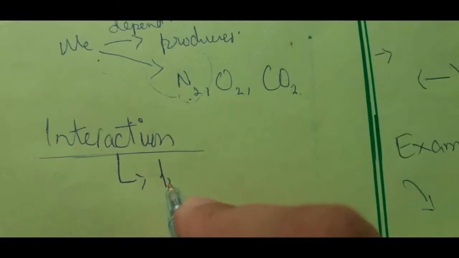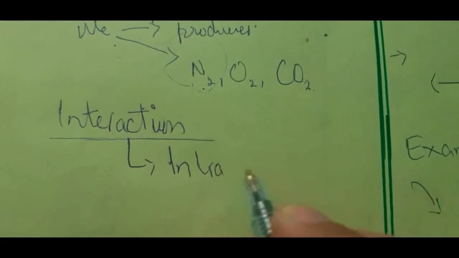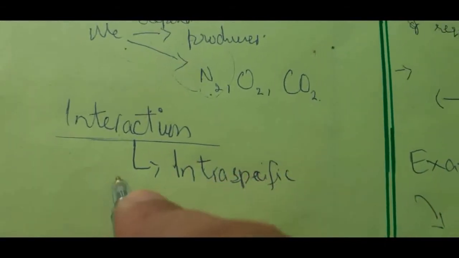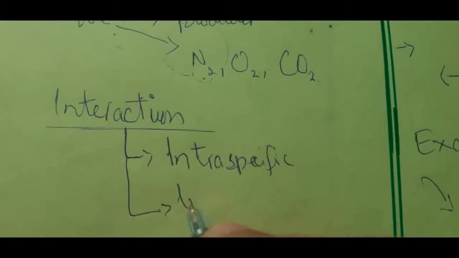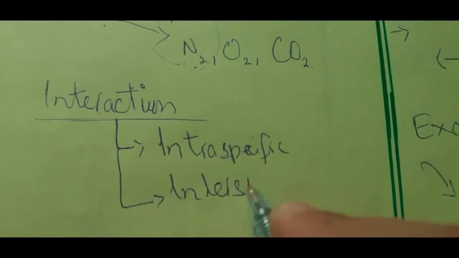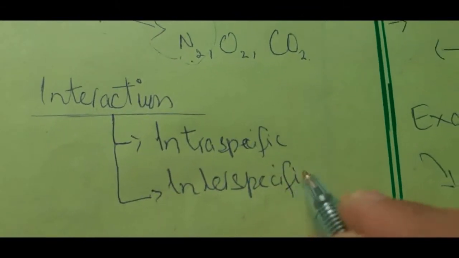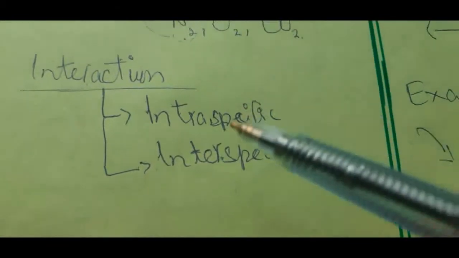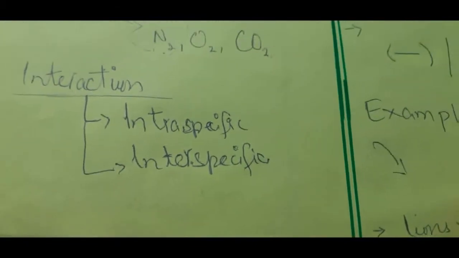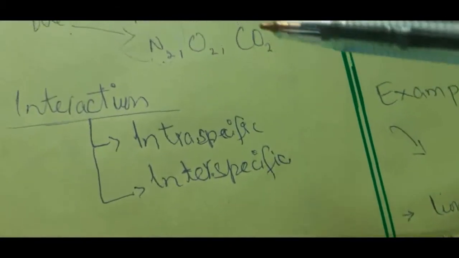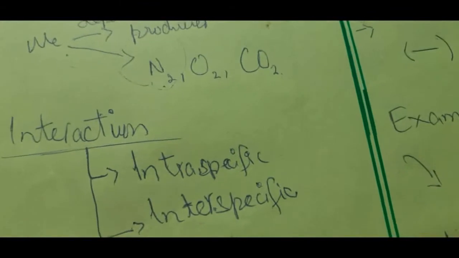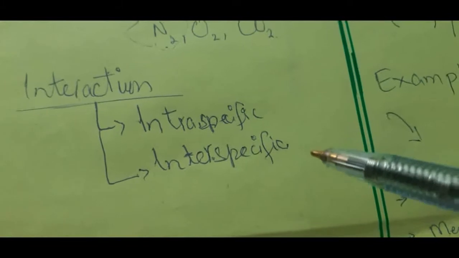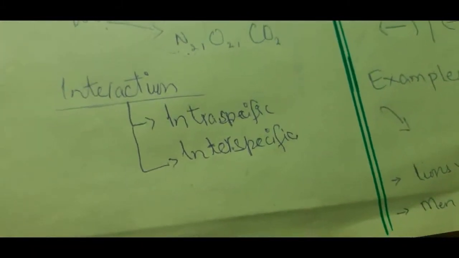Number one is intraspecific interaction, and the other is interspecific interaction. So intraspecific interaction is that interaction which occurs between the members of the same species, whereas interspecific interaction is that type of interaction which occurs between members of different species.